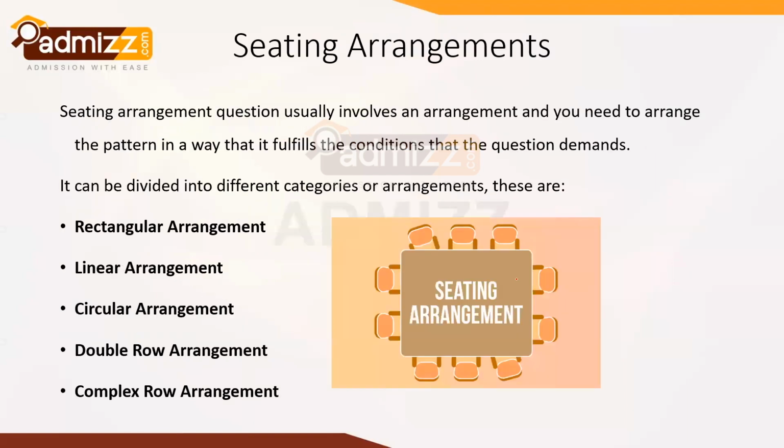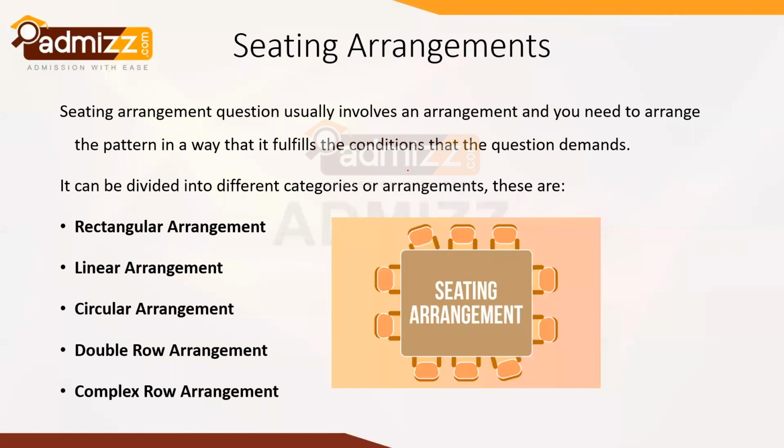Okay. So seating arrangements, all right. Seating arrangement questions usually involve an arrangement where you need to arrange the pattern in a way that it fulfills the condition that the question demands. What that means is that in seating arrangement questions, you basically have to first estimate or at least be sure that the proper seating arrangement is what you calculated, and I'll be explaining that.